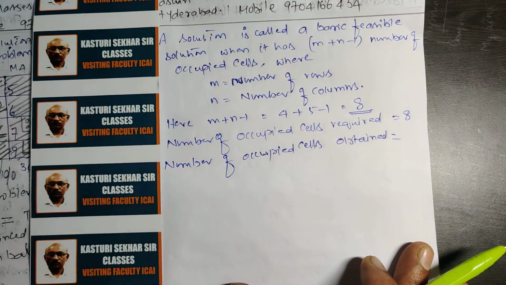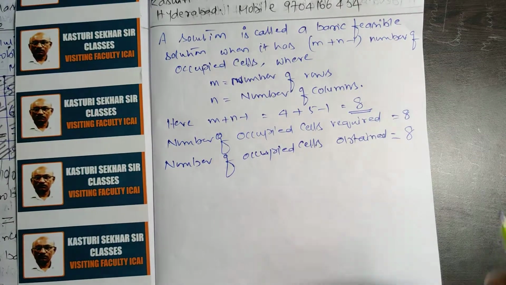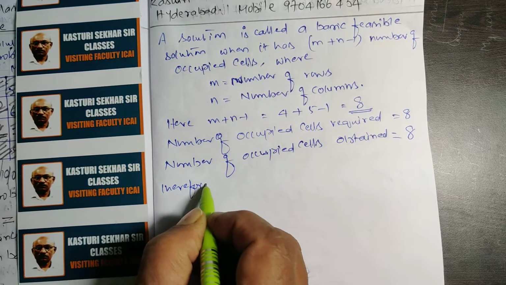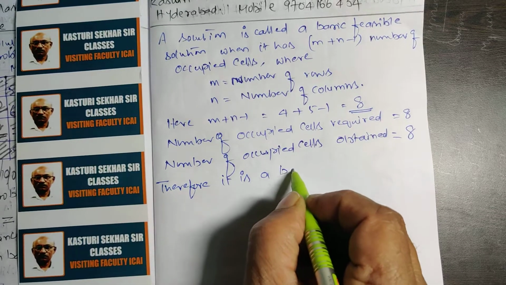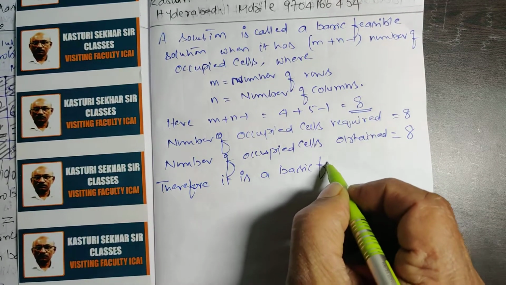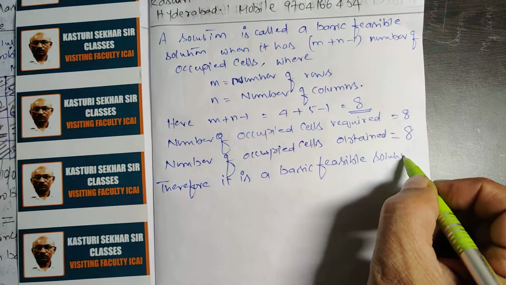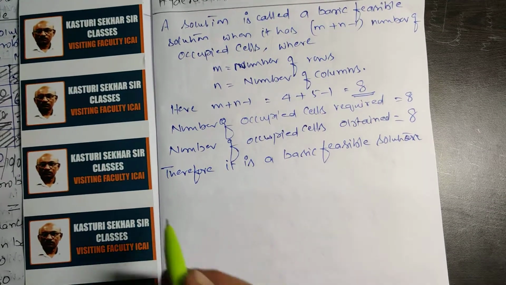Number of occupied cells obtained is equal to 8. Therefore, it is a basic feasible solution.